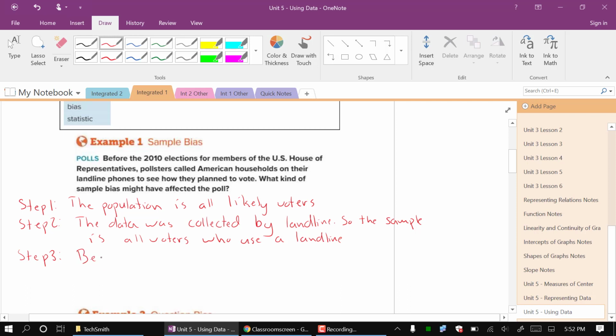Because not all voters have landlines, the results could be skewed, meaning that it can lean one way or the other.